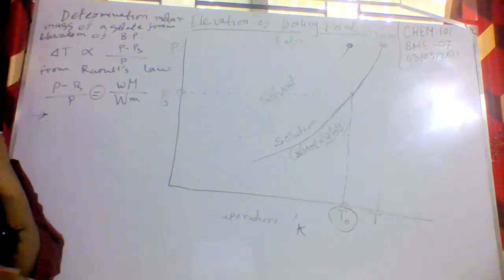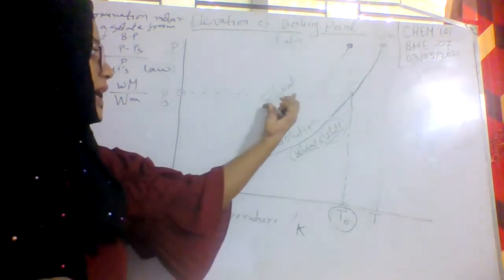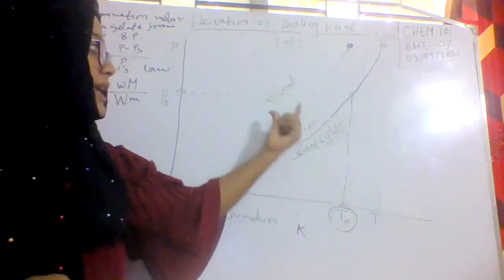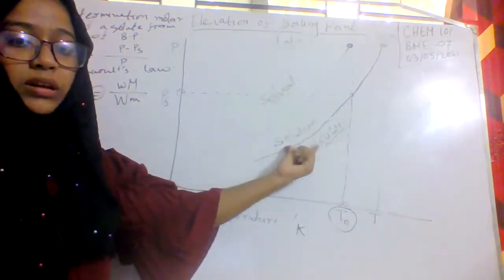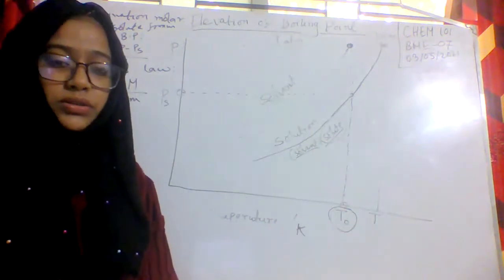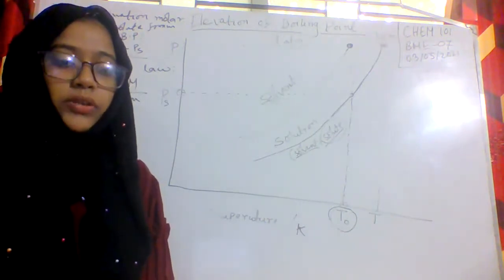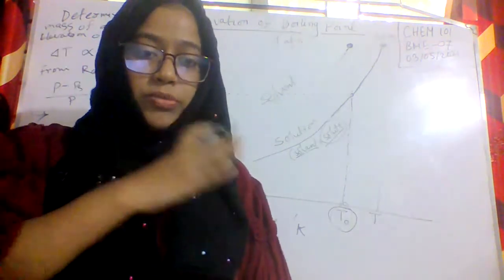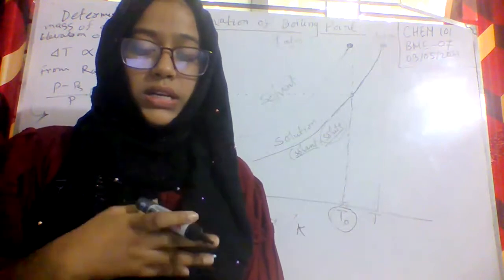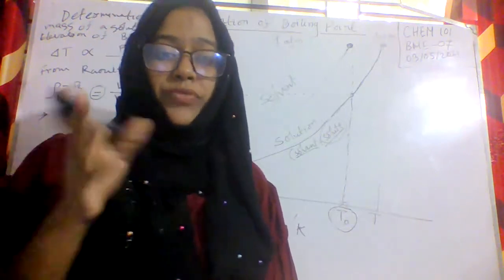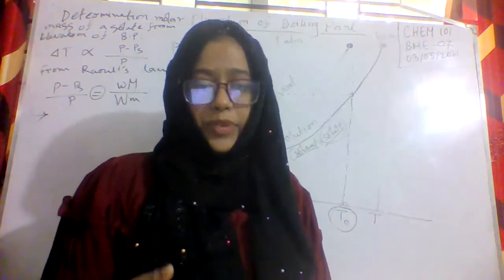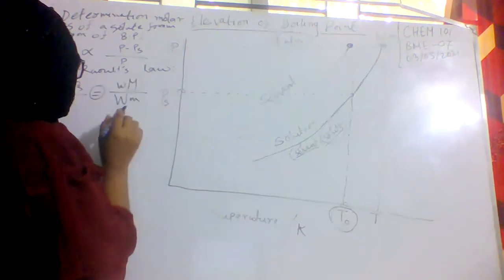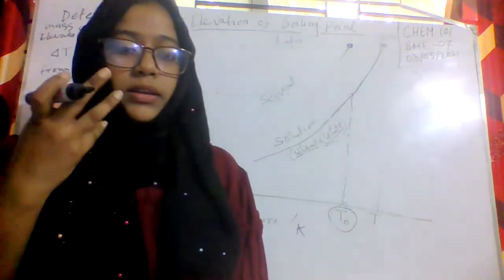Now tell me, I have taken the same amount of solvent here and here. Can I say the weight of the solvent, or the amount of the solvent, is constant? And the molar mass of the solvent, that is water, is the same for both cases, right? So this M can be supposed to be a constant.